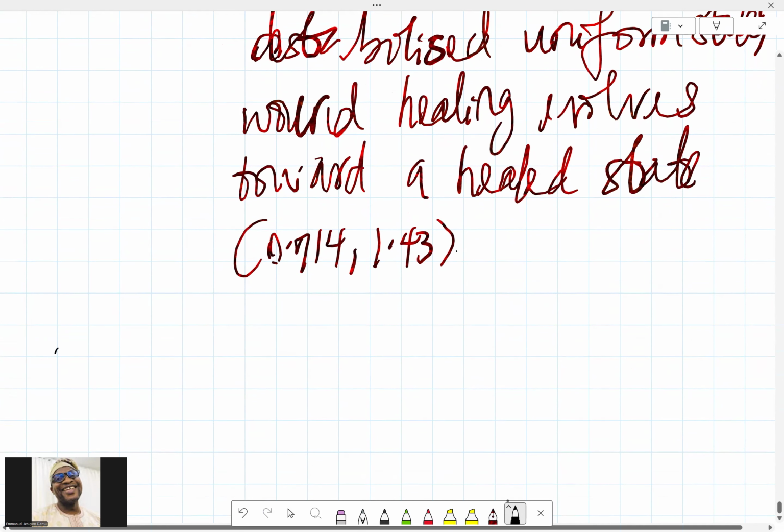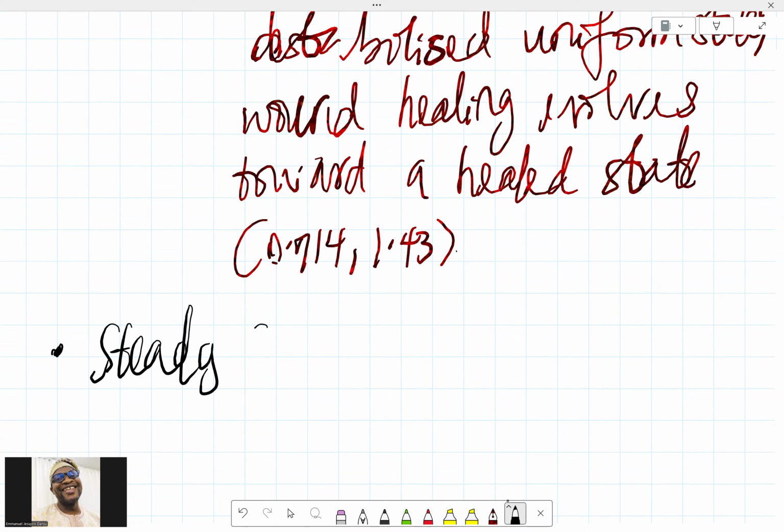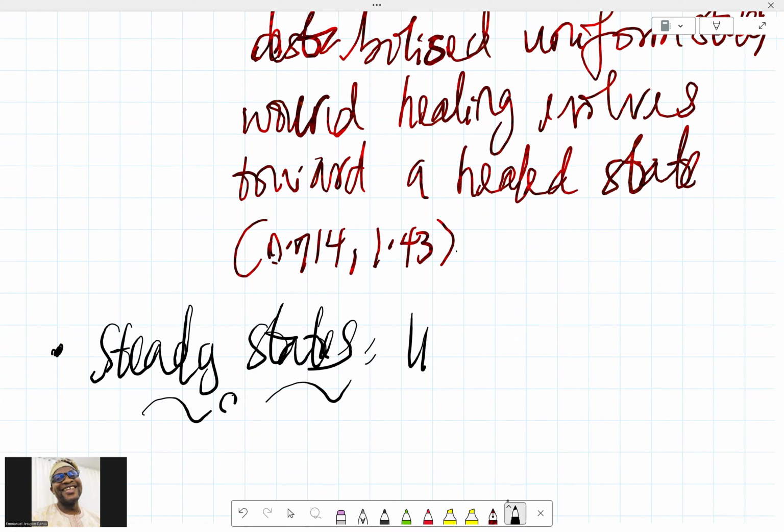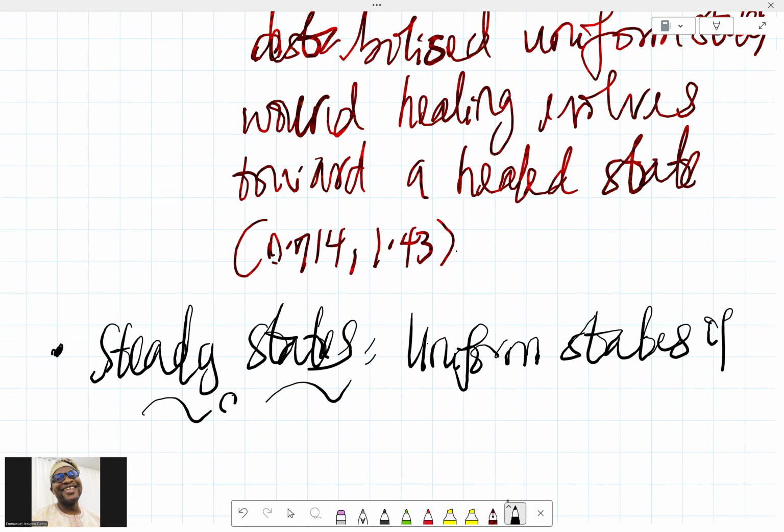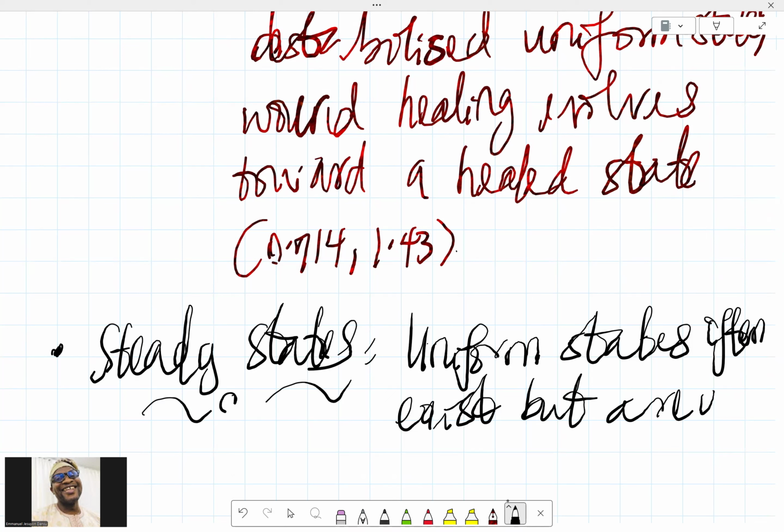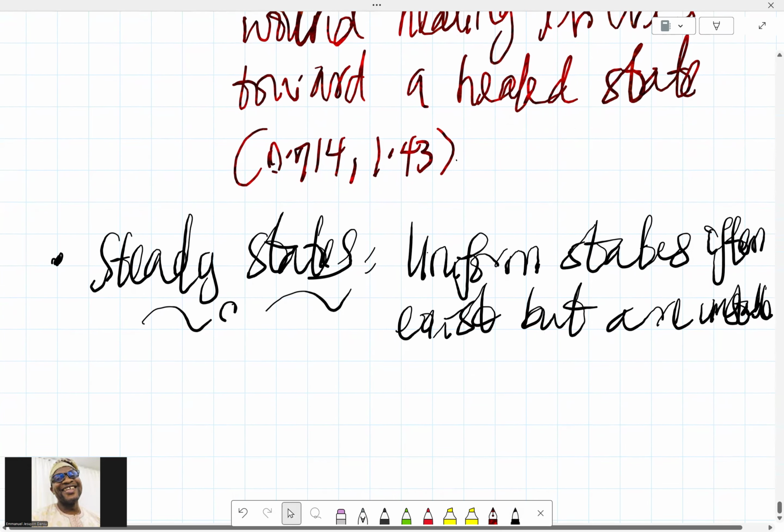So for steady states, we have uniform states often exist but are unstable, like all the 0, 0s we saw.